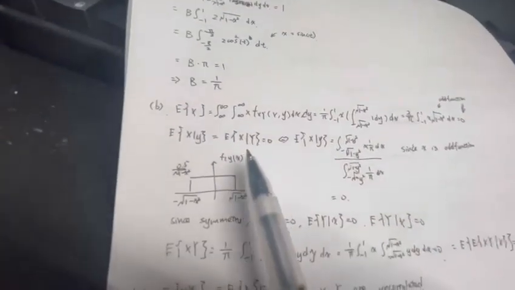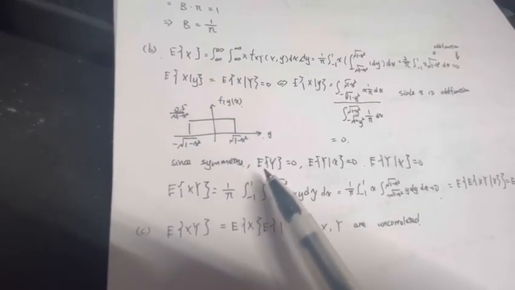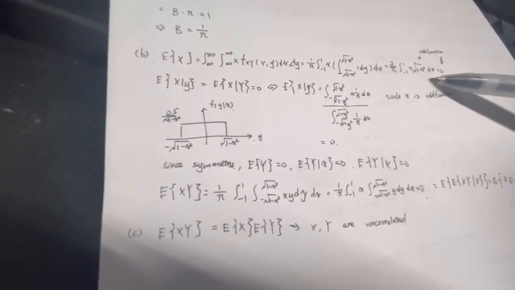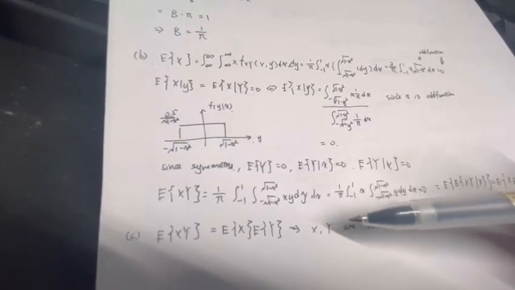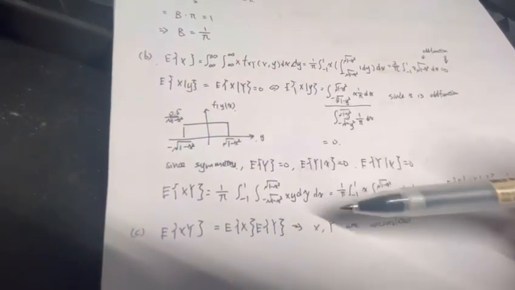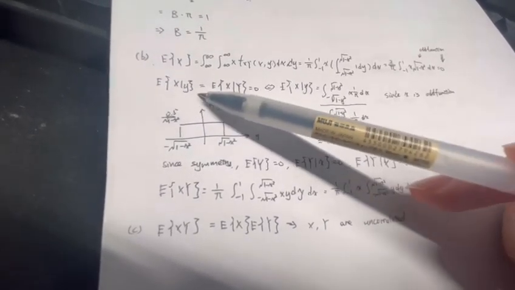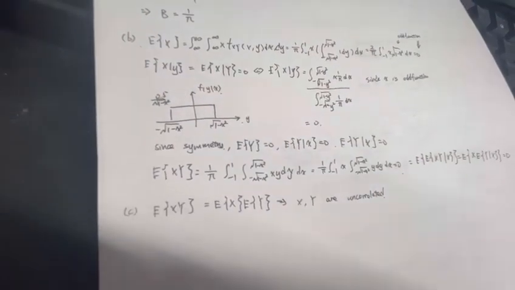In the same way, E[X given big Y] is also 0. Because of symmetry and because E[X] equals 0, E[Y] is also 0, and E[Y given X] is also 0.